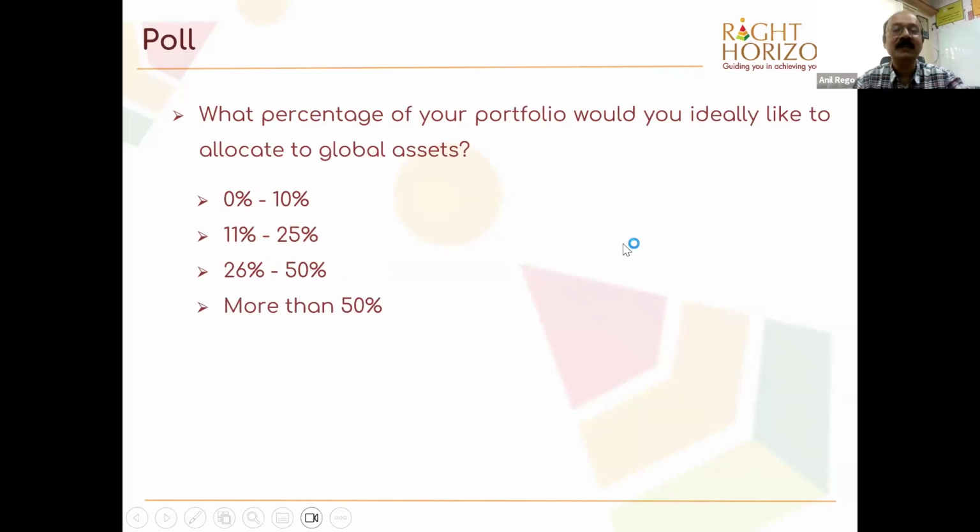Okay, so Tara, again, the next poll. What percentage of assets will you ideally like to allocate to global assets? Again, we have very good participation. We'll give a few seconds for people to complete. Okay, thank you. I'll just publish. About 53% of us want to invest 0 to 10%, and 37% want to invest 11 to 25%.